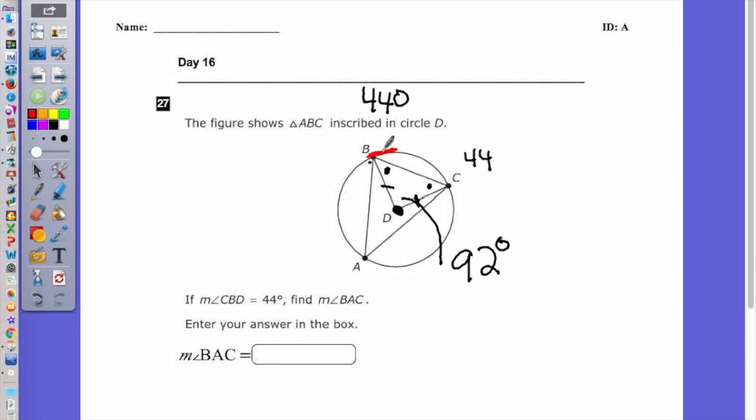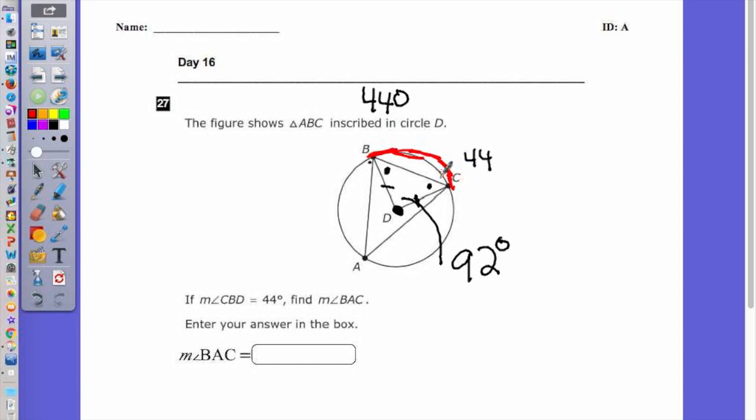And then angle D is a central angle creating arc BC. You may notice that the inscribed angle at A also intersects and creates arc BC. So if this is 92, this arc is 92, and the inscribed angle is 1/2 the measure in degrees of the arc.